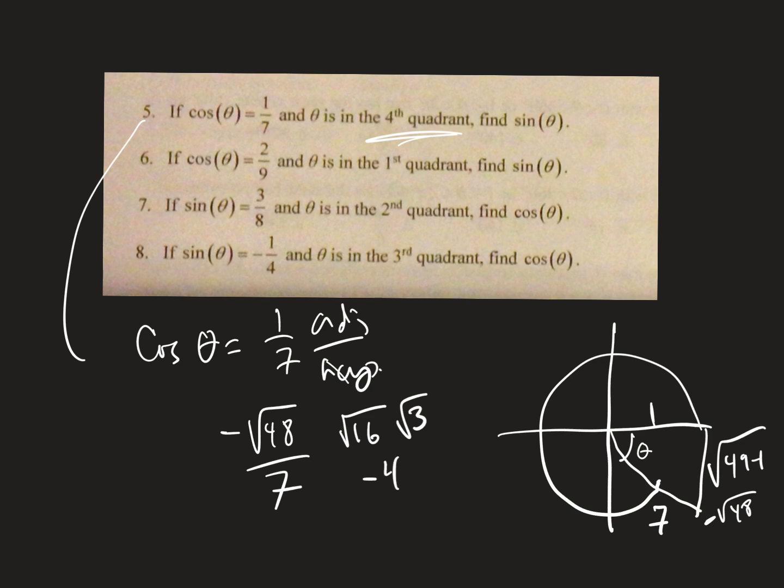So that's like lowest terms, and that would be the answer on a multiple choice test, rather than the negative square root of 48 over 7, okay? If you want, try 7 and 8. You can pause the video, and I'll go ahead and do those other two, and then you come back and check it out.